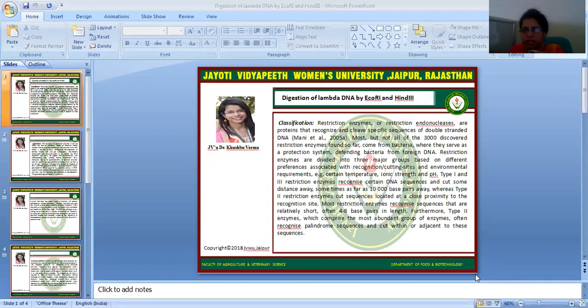Most restriction enzymes recognize sequences that are relatively short, often 4 to 8 base pairs in length. Furthermore, type 2 enzymes, which comprise the most abundant group of the enzymes, often recognize palindromic sequences, or you can say mirror image sequences, and cut within or adjacent to these sequences.